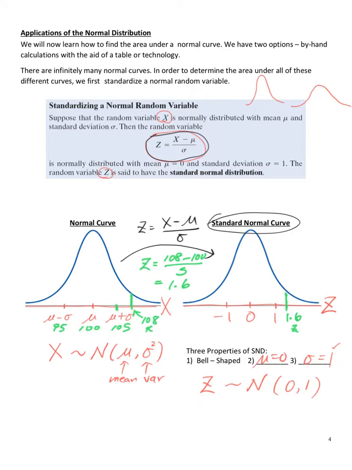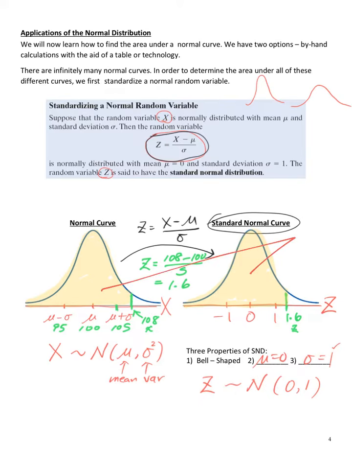If we look at the area to the left of 108, this yellow area is going to be the exact same area that is to the left of z-score 1.6 in the standard normal distribution, right here.